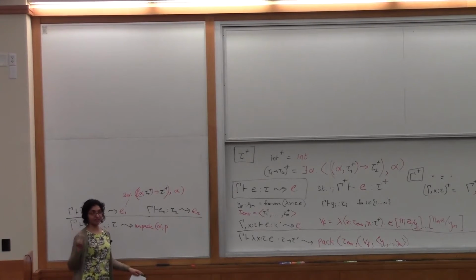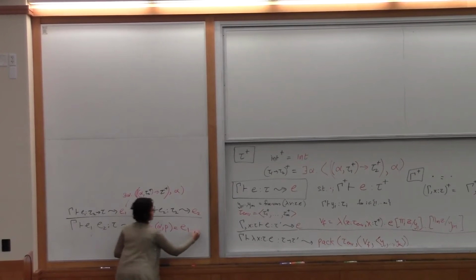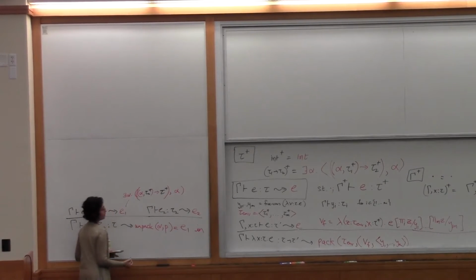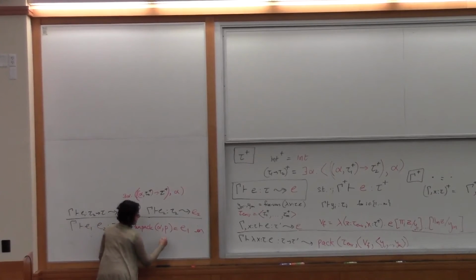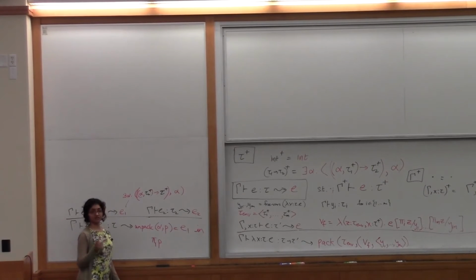A pair of a function and the environment. So we're going to unpack the E1, and then, in the body of this unpack, we're going to say, take the first piece of this pair out. I want a P. That's it.